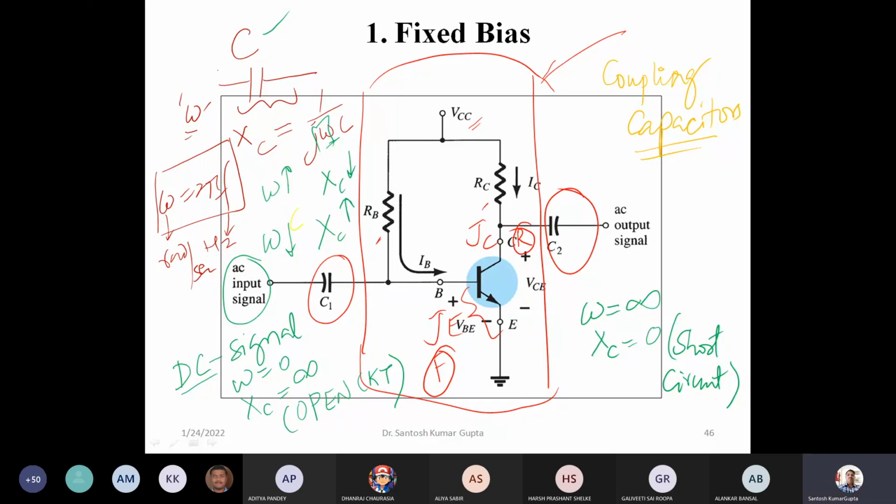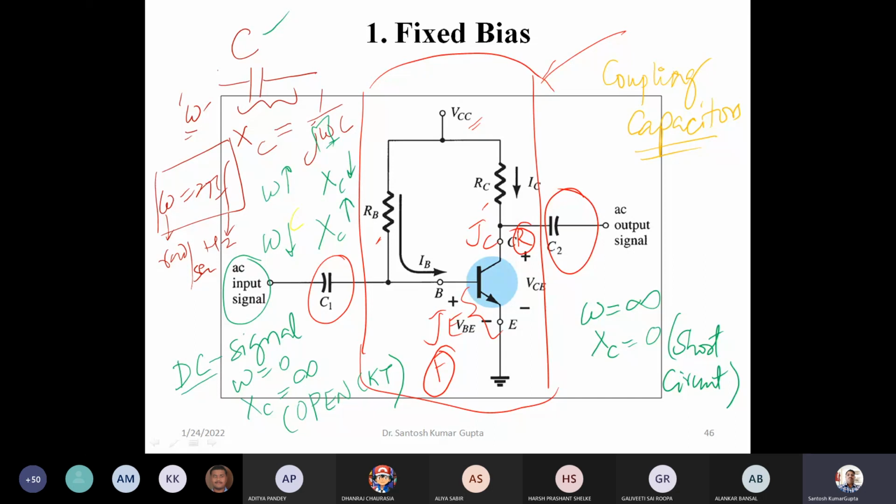So AC components pass through the capacitors, whereas if we apply a DC signal across a capacitor, then it is not going to pass through it because it is going to act like an open circuit. Okay. So DC signals are being blocked here.